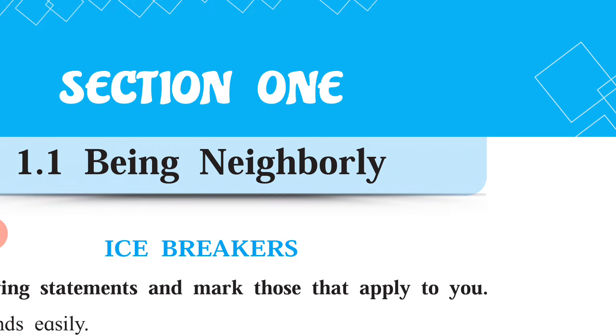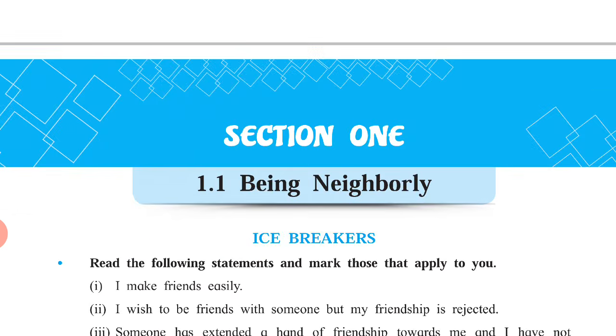So first of all I would like to explain the title and why its spelling is different. The American spelling of neighborly in British English is neighbourly. That's why the spelling is different here.